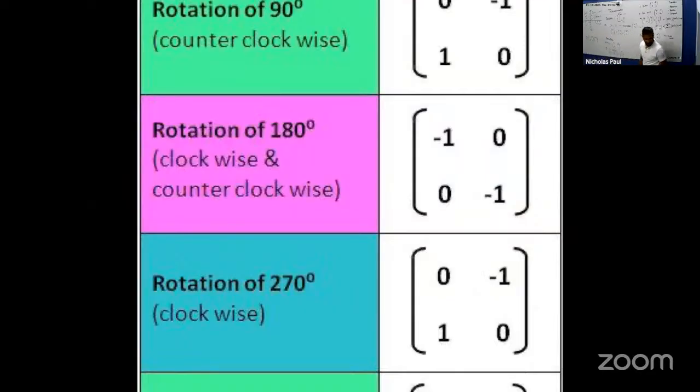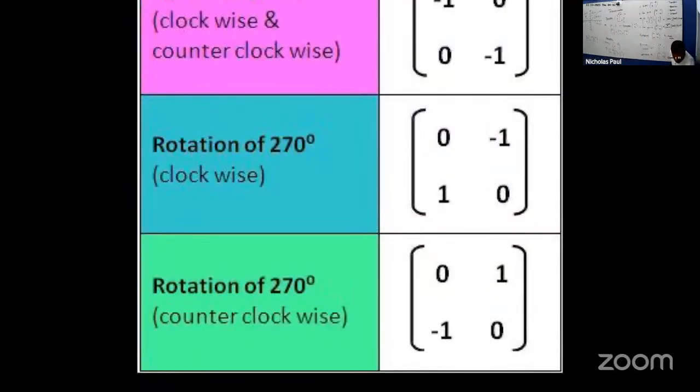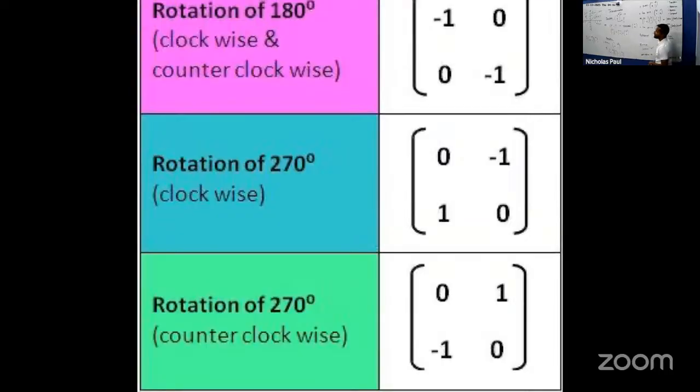And last one. As I said, the last two are the same as 90 degrees, so you don't really have to learn the last two. So we're going to see how we use this.